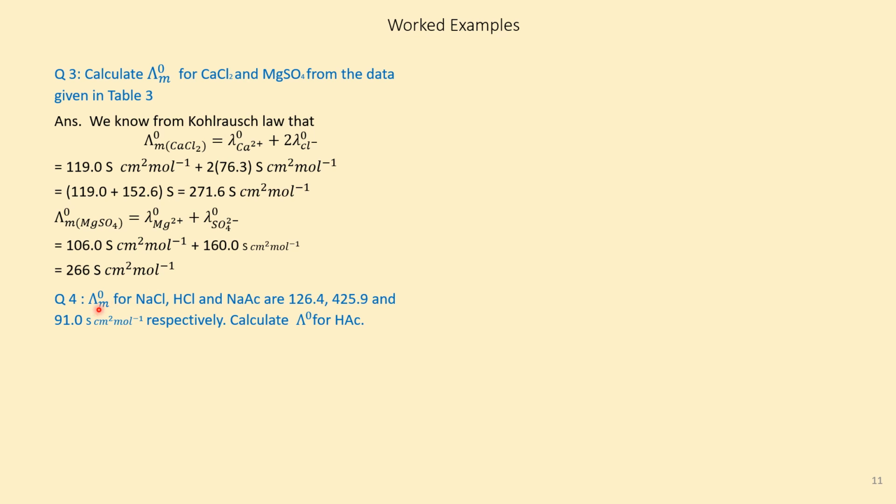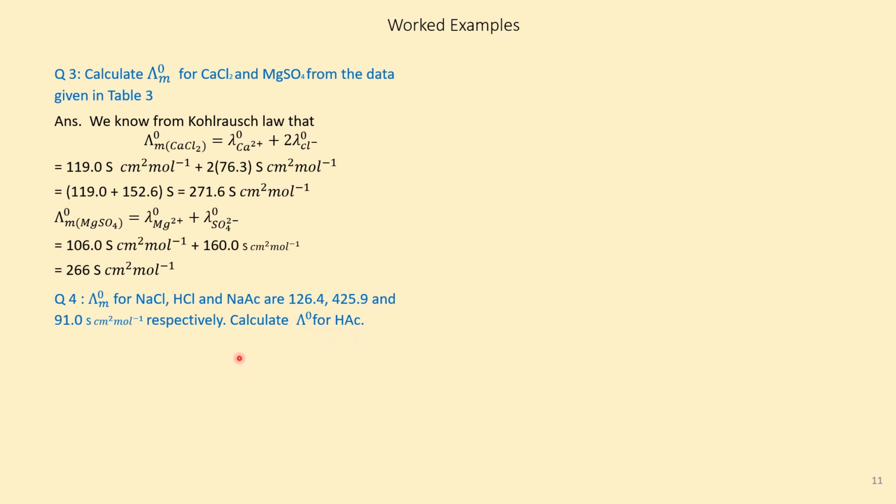Question number 4. Λ°m for NaCl, HCl and NaAc are 126.4, 425.9 and 91.0 S cm² per mole respectively. Calculate Λ°m for HAc.